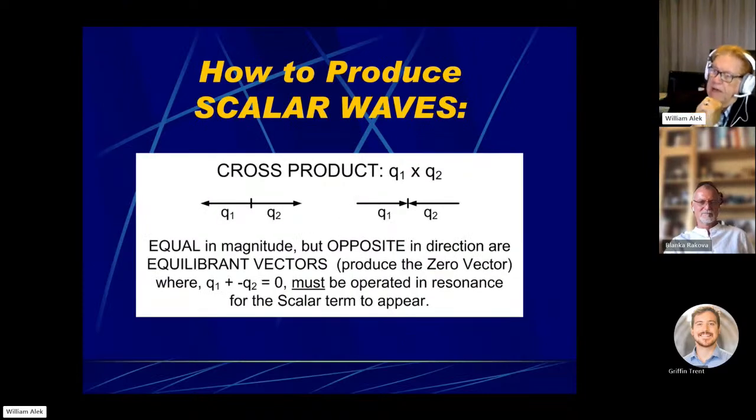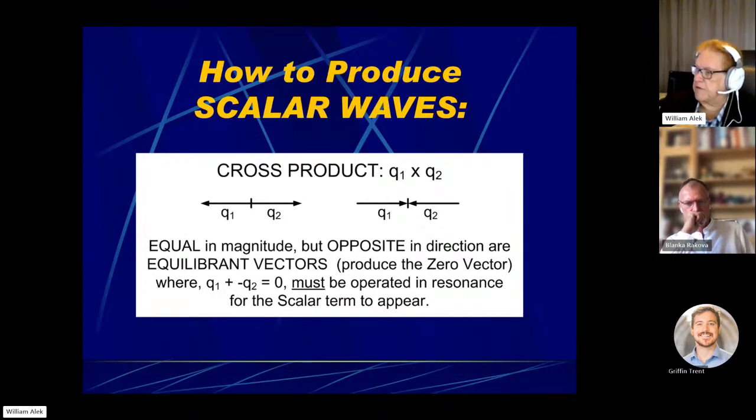Next slide. How to produce scalar waves. A number of researchers out there actually did this in their technology, and we'll get into that later on in the lecture. So what we have is a cross product of two electric charges. These charges are set up to oscillate, to converge and then to diverge, so you have this resonant type action occurring here.